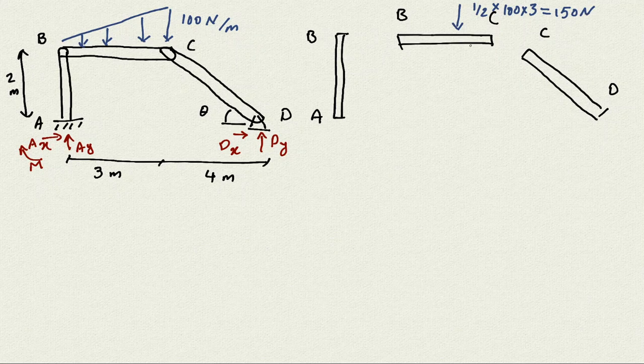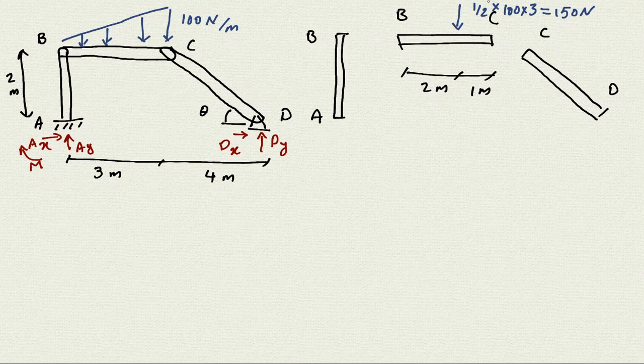And then where it's going to be applied: we know it's going to be 1/3 from the base. So basically it's going to look like that. This is the 3 meters, so that would be 2 meters, and this one is 1 meter. So the total is 3 meters, and we know it's applied 1/3 from the base.